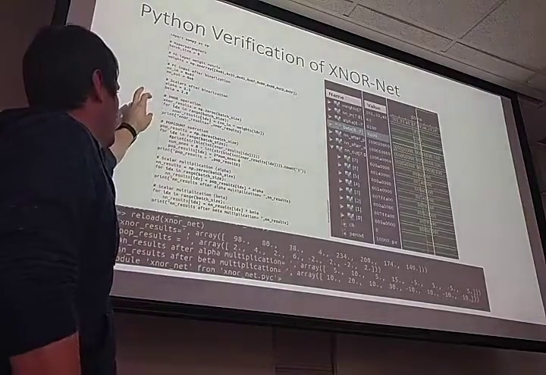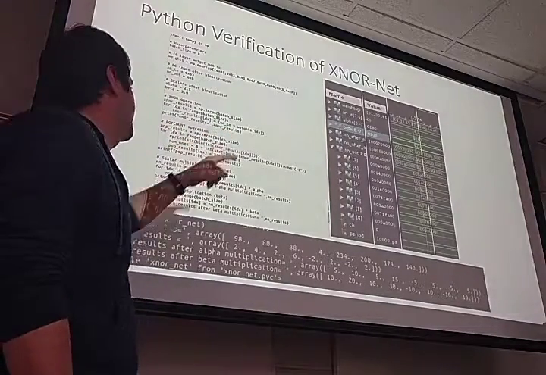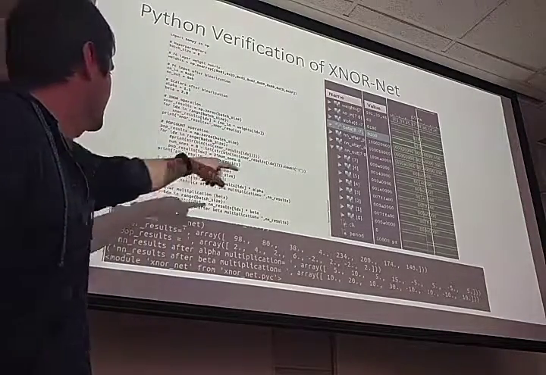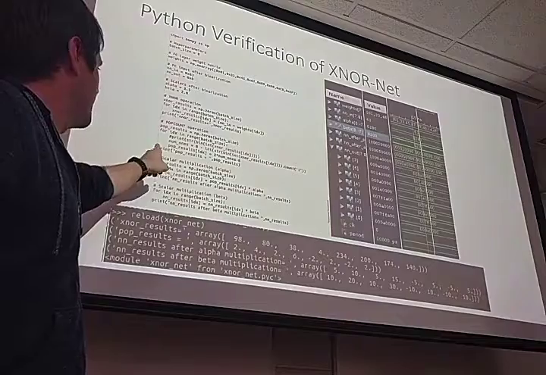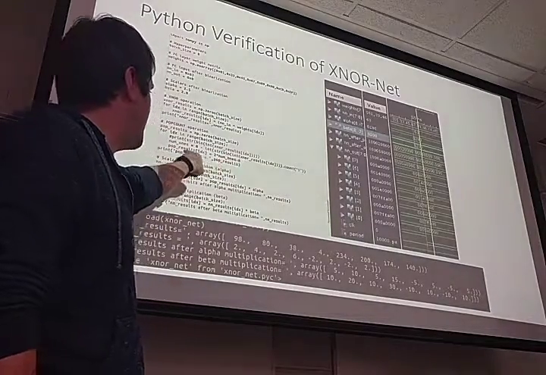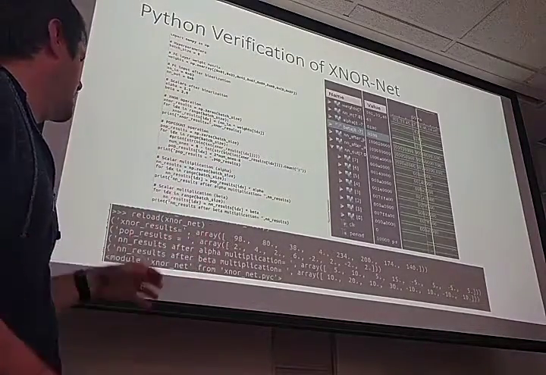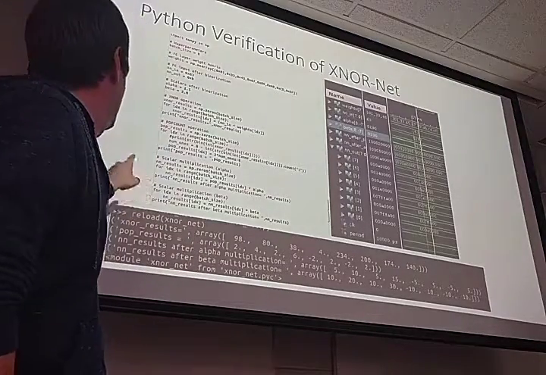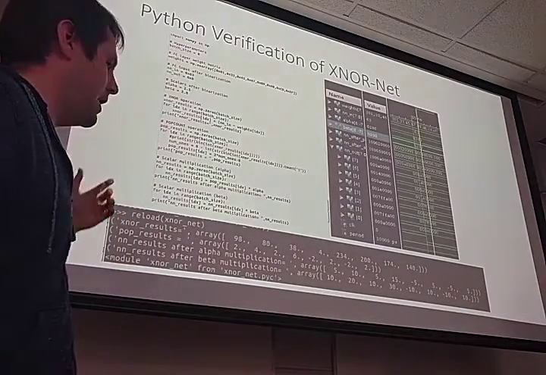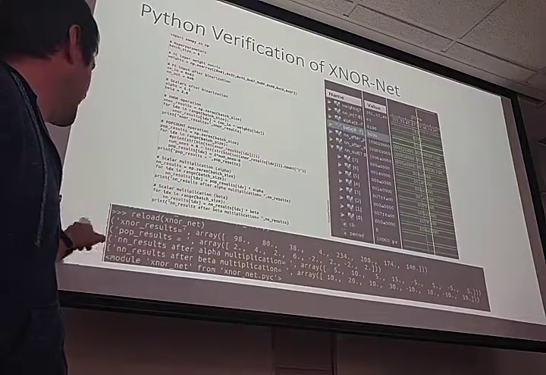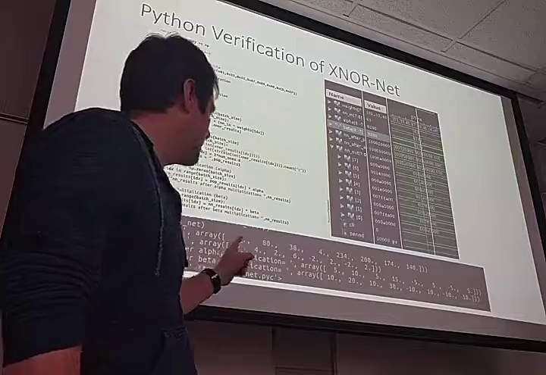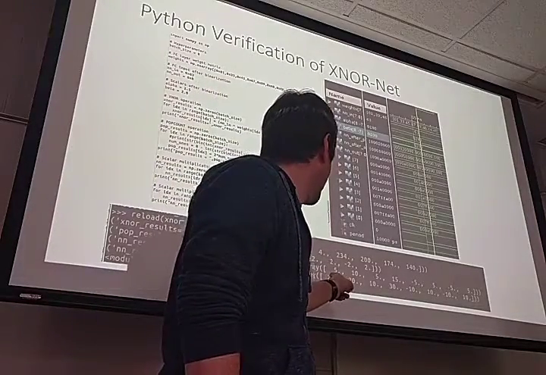We have the XNOR operation where we do the bitwise XNOR, or in this case it's XOR, but we convert that to an XNOR over here. We come up with the true pop count, which can be positive or negative. We print that out, and you can see that over here. Then we do the scalar multiplier for the alpha, which is over here, and the scalar multiplier for the beta over here.